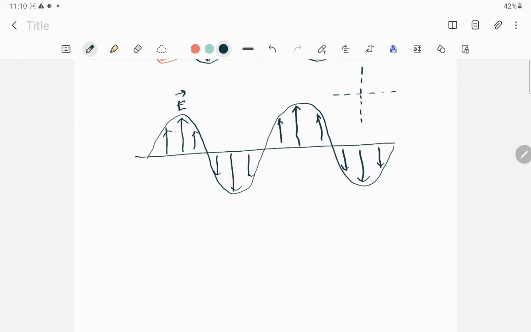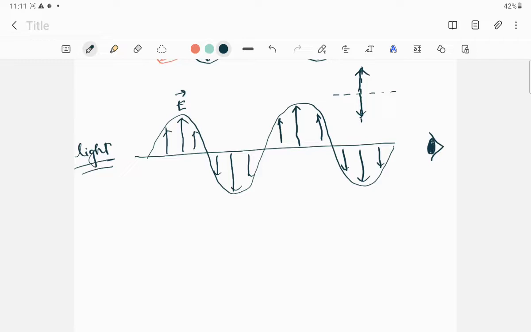Now you can see that if this is a light wave, and we are considering only the electric field vector, and suppose you are the observer seeing this light wave, then for you the electric field vector is either oriented up or down. In the other directions there is no electric field vector. That means polarized light is light in which the electric field is oscillating only in one direction.